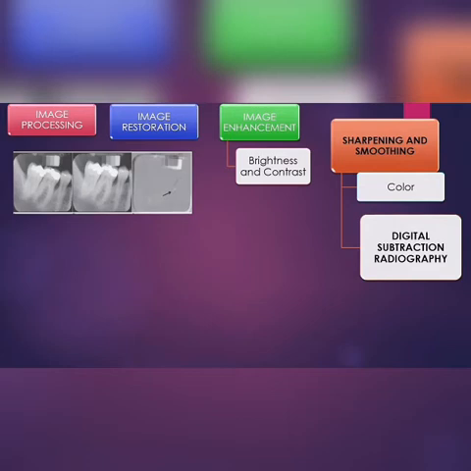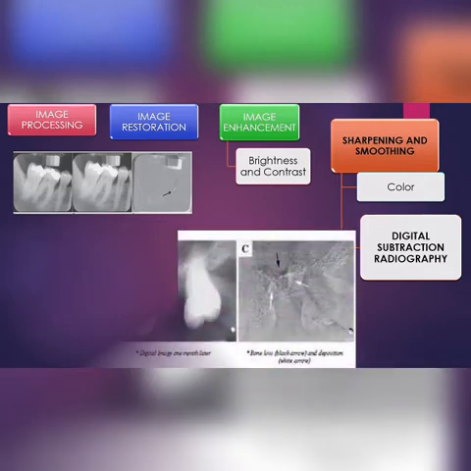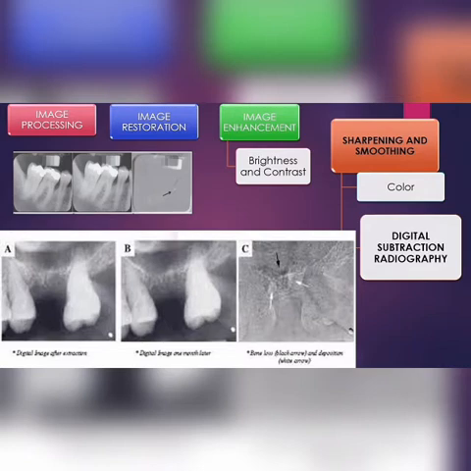For example, if a patient is coming with a bone defect in the first visit, you are taking a radiographic image and then you're treating the patient for it. Later on, you're taking another image after treatment. So when you overlap these two images, the difference in the bone levels will be clearly seen or appreciated based on the image intensity. This is possible with the digital subtraction radiography system.